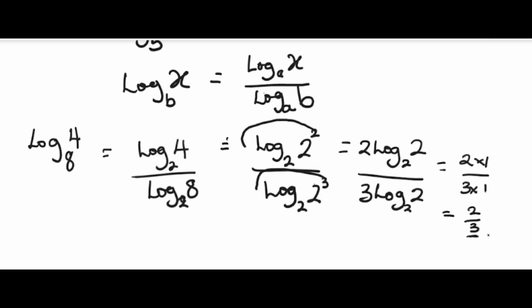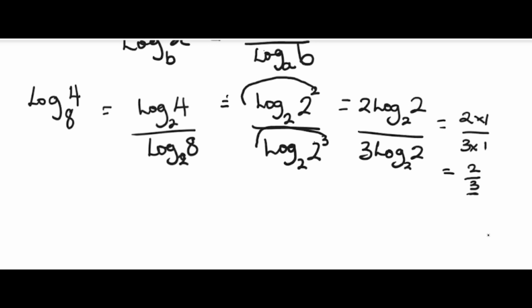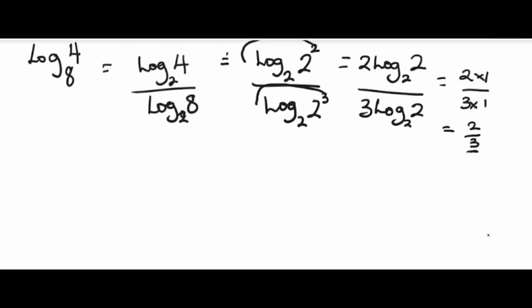Now let's consider this case where I can't figure out a common base to the numerator and the denominator. In that case, what do I do? All right. So if I have the log of 20, for instance, in base 5.